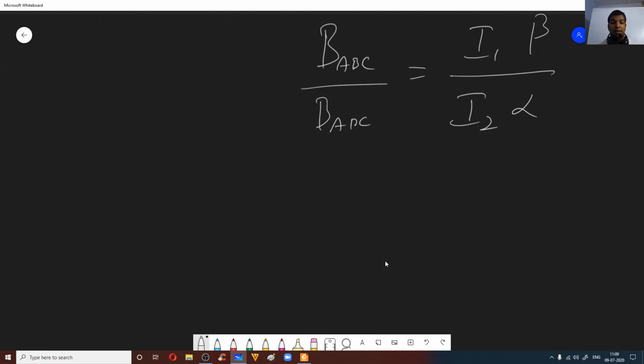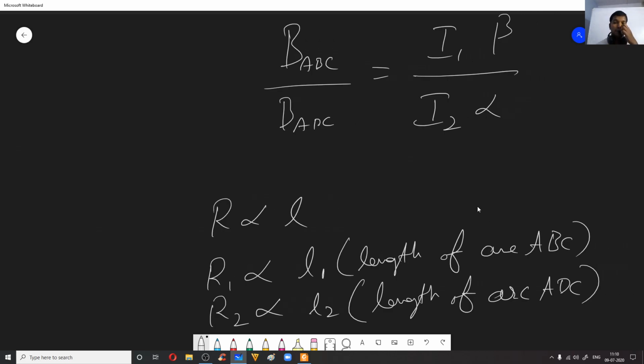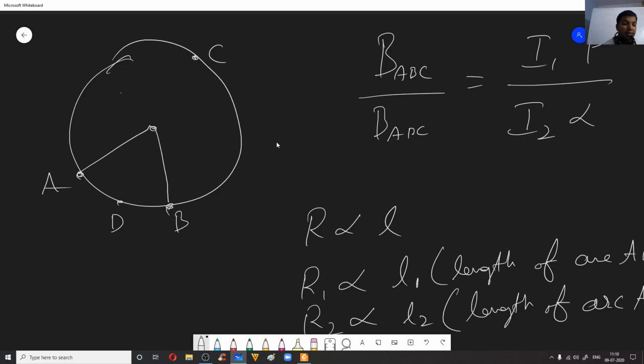Since R is proportional to L, R1 is proportional to L1 and R2 is proportional to L2, where L1 is the length of arc ABC and L2 is the length of arc ADC. Let me draw the diagram again. So A, B, D, and C, with angles alpha and beta.